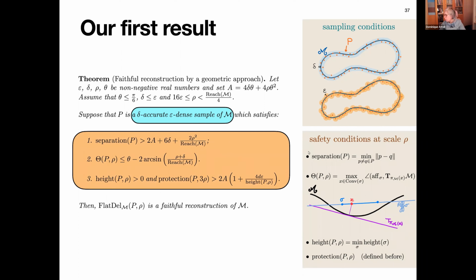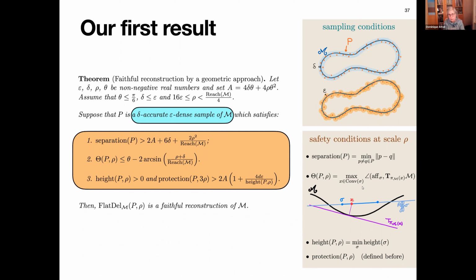We have then those safety conditions. So I'm not going to detail this, but it gives an upper bound or lower bound of some quantities that describe the quality of the point set. So for instance, the first condition tells you that the point set must be well separated: the smallest distance between two data points must be larger than some quantity, and so on.